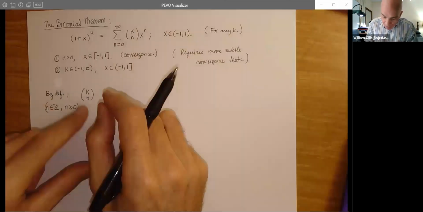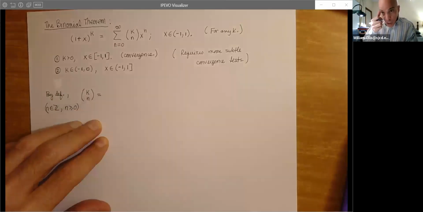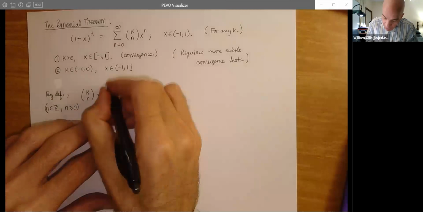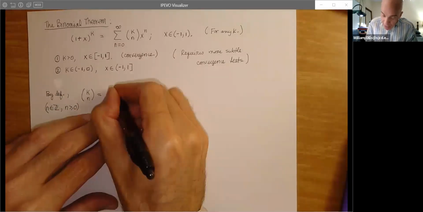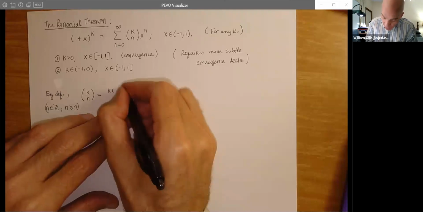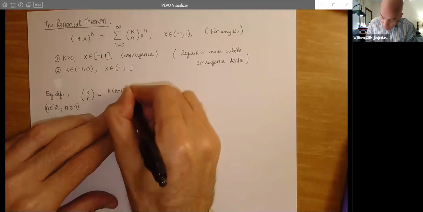k can be anything. So we're going to define this so it works for any k, not just the positive integers that you saw in pre-cal. So this is going to be k, going to write this as descending. So I'm just going to write out a couple of terms.